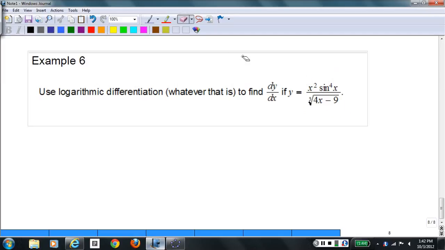So what we do is we begin by taking the natural log of both sides. Of course, we hope y is positive in order to do this, but it's going to work out.